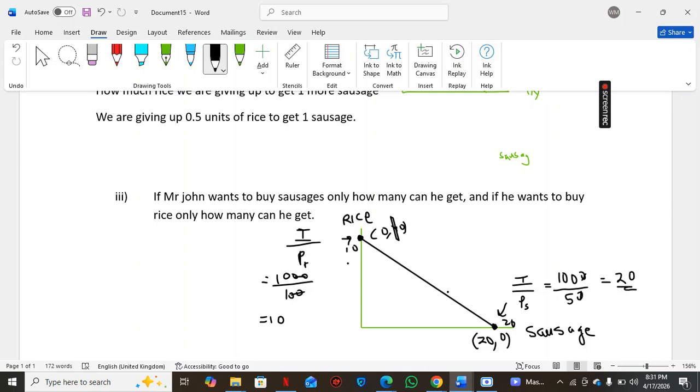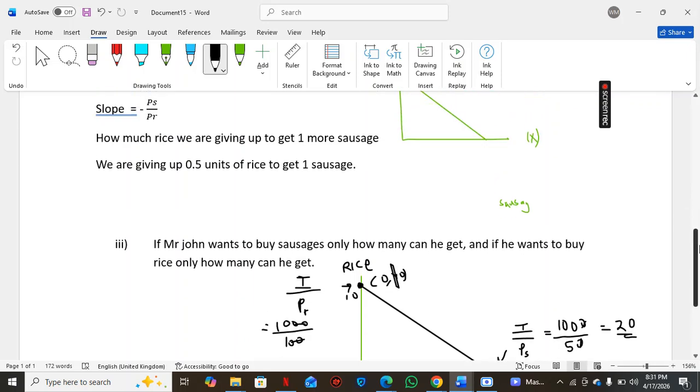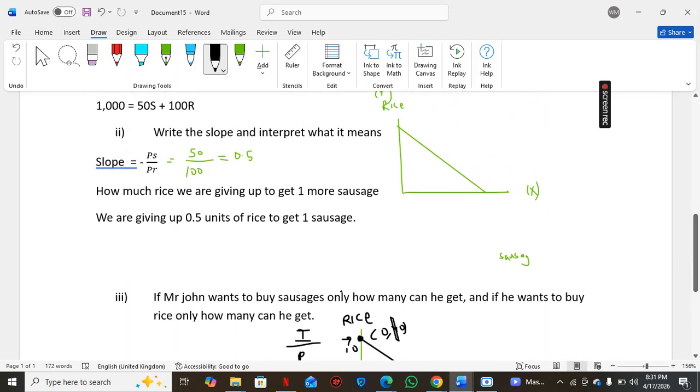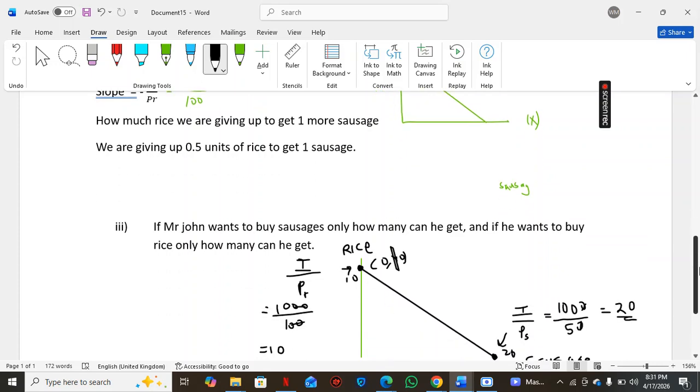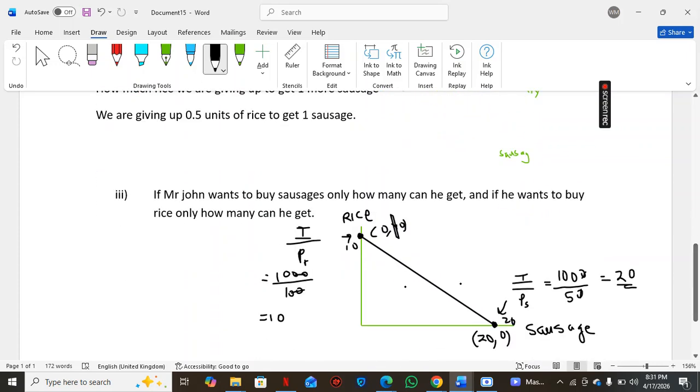Then another way, if you're not comfortable with this formula, you can always refer back to the budget constraint equation here, which is 1,000 = 50S + 100R.